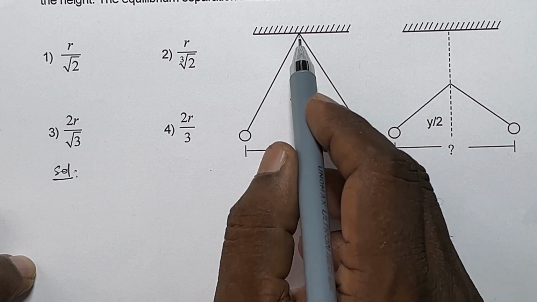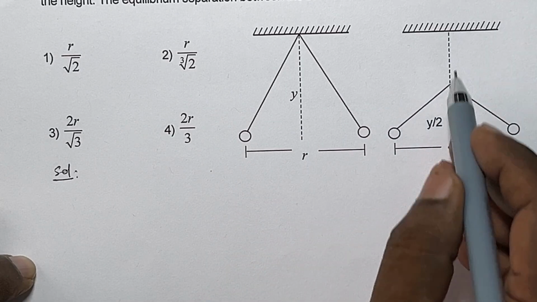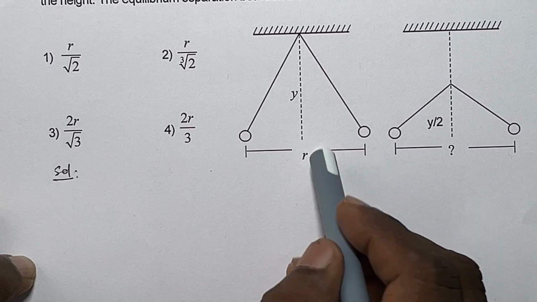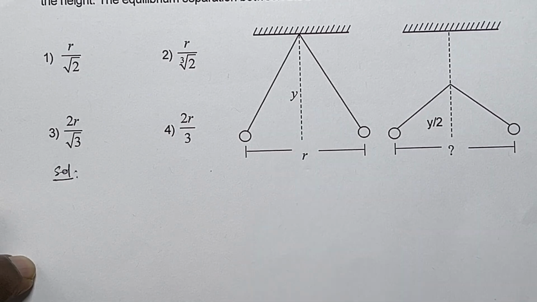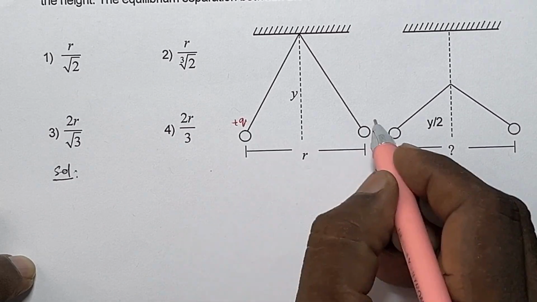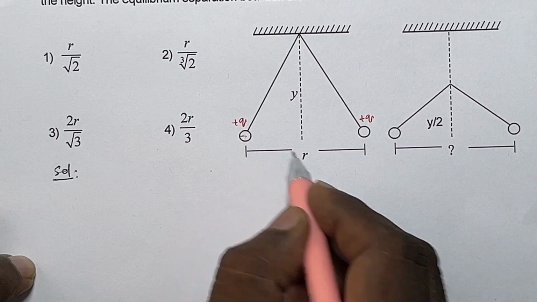In the first case, two balls are at r distance. In the second case, it is clamped at y by 2 distance. So we have to establish the relation between r and y. Let us do so. See, this charge is plus q. Here also the charge is plus q. So the distance is r.